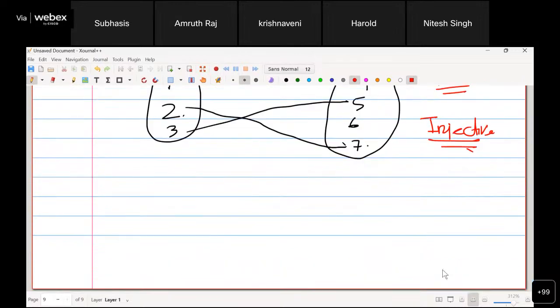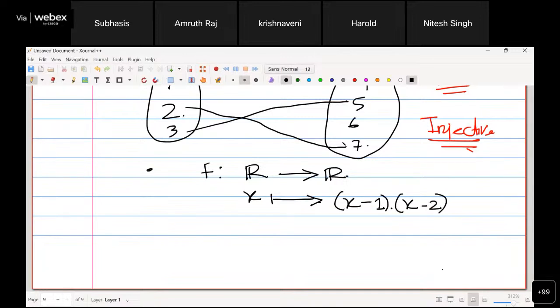Okay, so now you have some basic idea about one-to-one and onto functions. Let me slightly increase the level of difficulty. Let me take f from R to R, where x goes to (x minus 1) times (x minus 2).